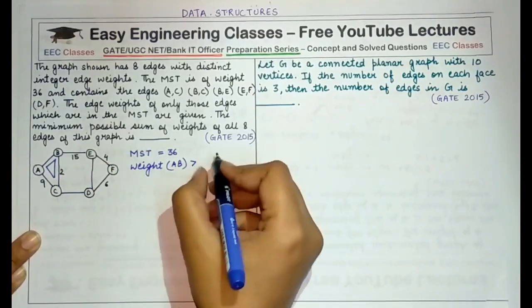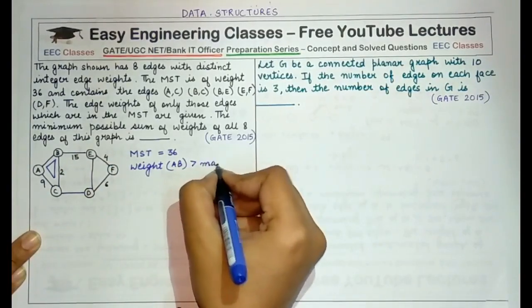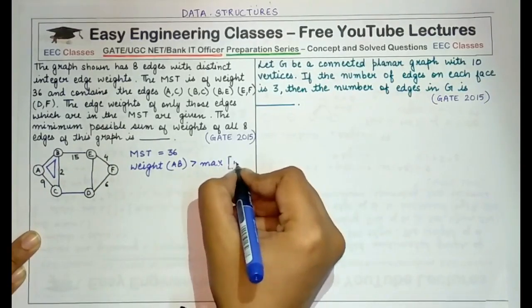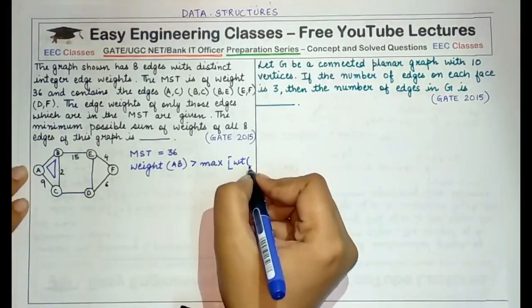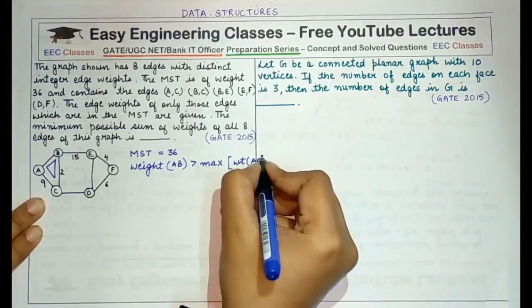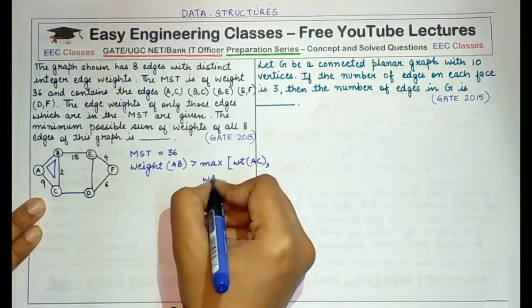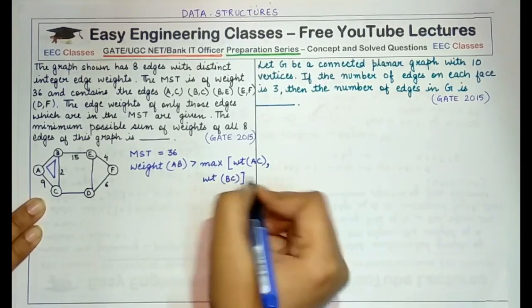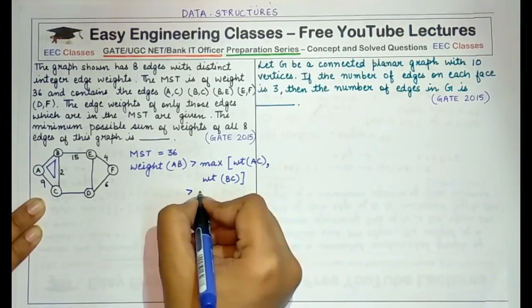So the weight of AB must have been greater than the max of the weight of AC and the weight of BC. Alright, and what is the max out of 2? The max out of 2 is 9.